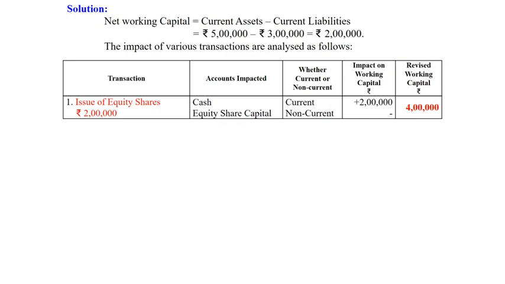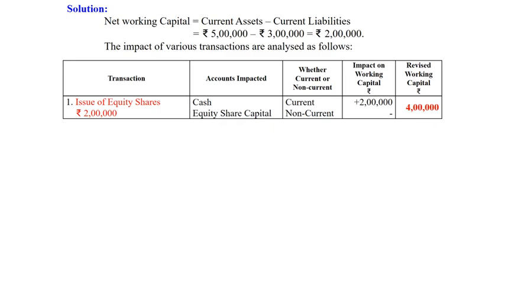So, leaving the non-current increase aside, I am considering only the impact on working capital. Current asset, that is cash, is increasing by rupees 2 lakhs. Therefore, the 2 lakhs rupees working capital as given above will become rupees 4 lakhs.